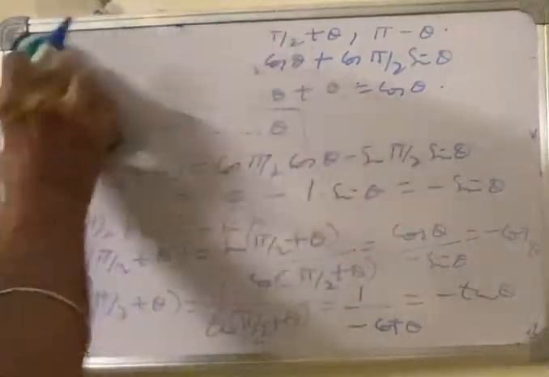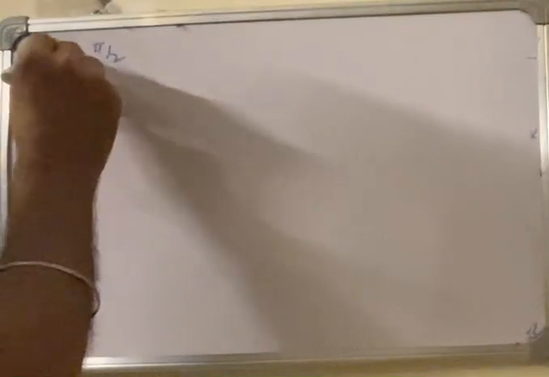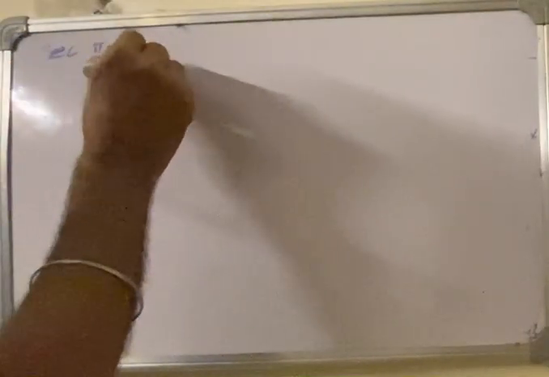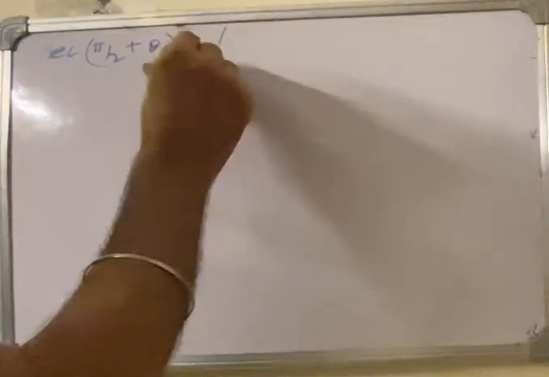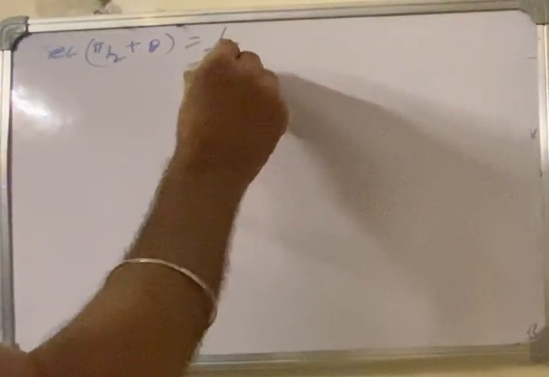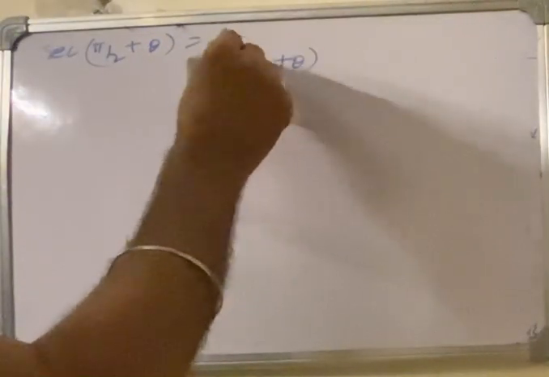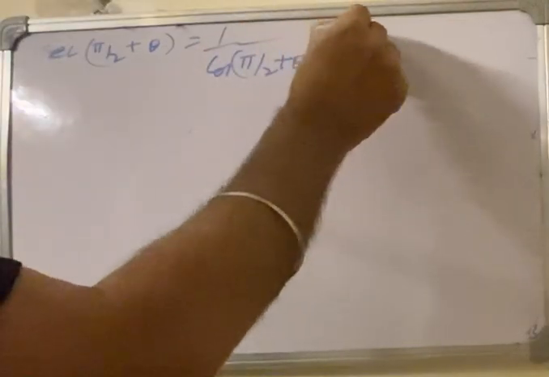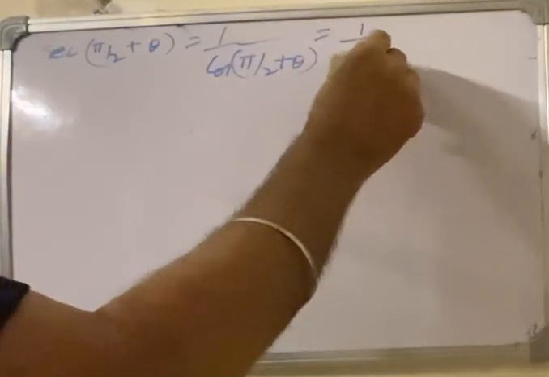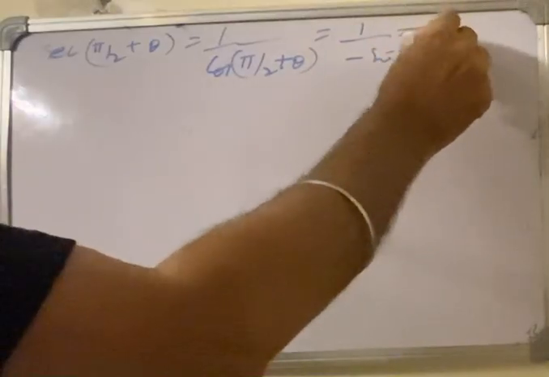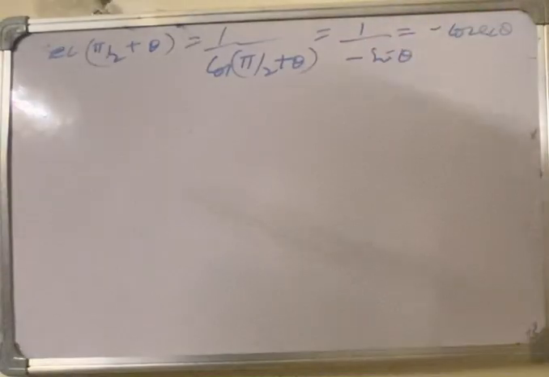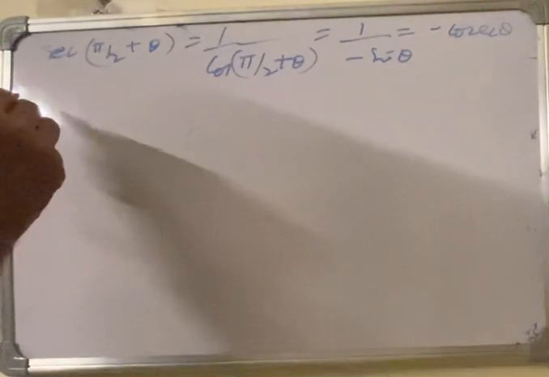Then we take secant. Secant of pi by 2 plus theta, in the second quadrant, is 1 over cos of pi by 2 plus theta, which is 1 over minus sine theta, which is minus cosecant theta. So secant is also negative.